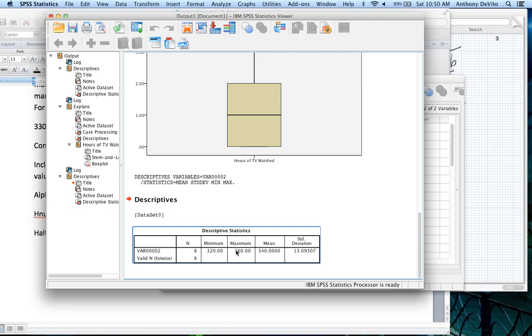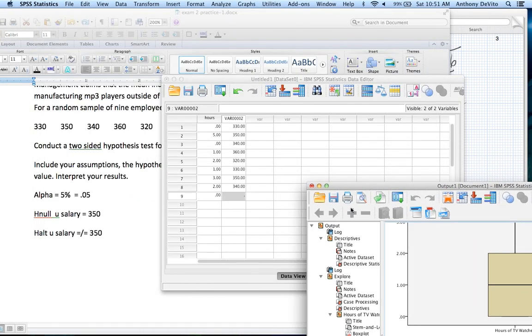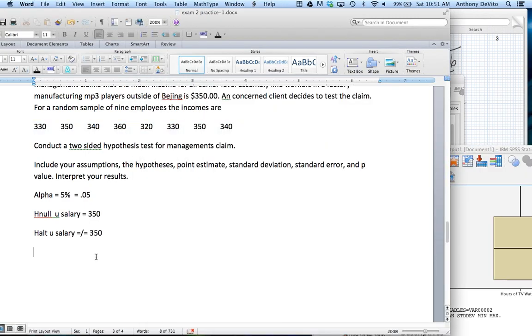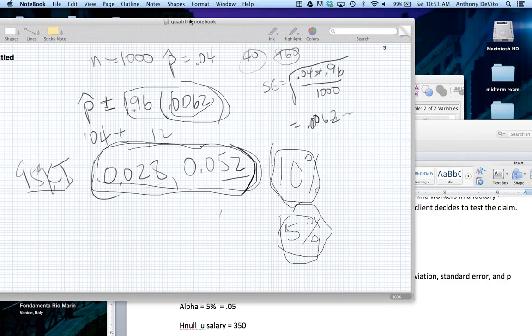And here's our output. Our mean is $340 and our standard deviation is 13. Imagine I could have done that with a calculator or with Excel. So let's go down here, 340 and 13.